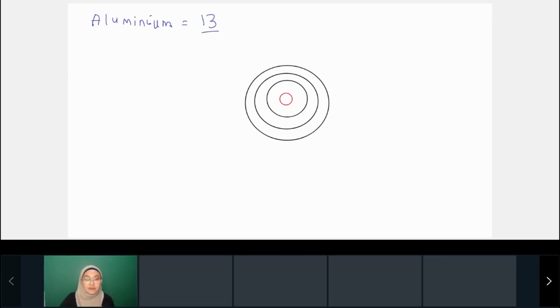If I tell you that the proton number is 13, how many electrons are there? The number of electrons is 13. So draw it. Okay, 2.8.3. Someone answered 2.8.3. Okay, let's try to draw.